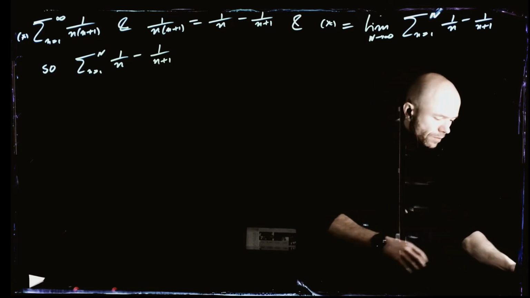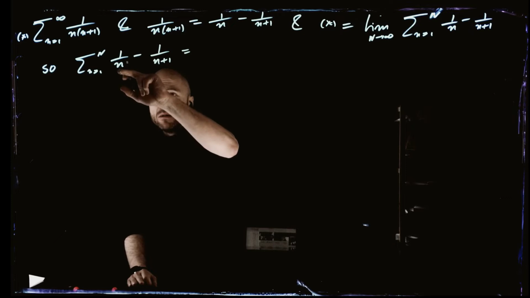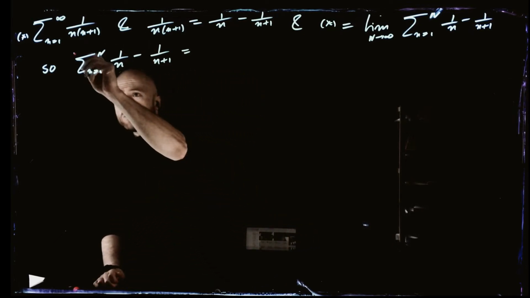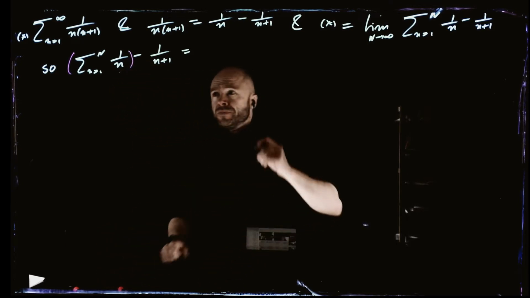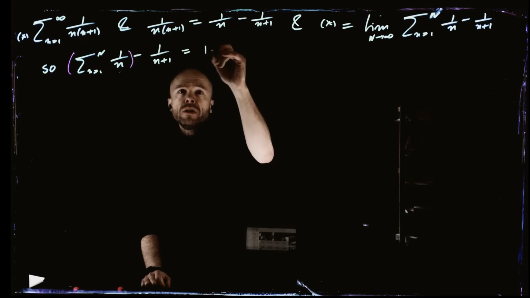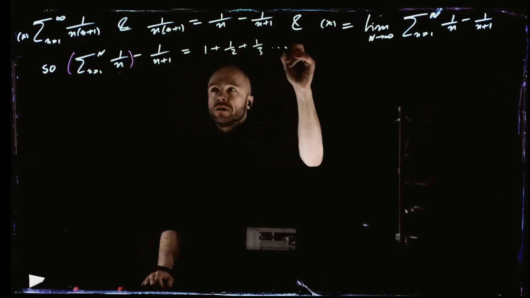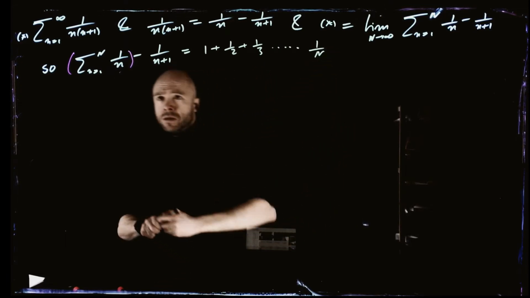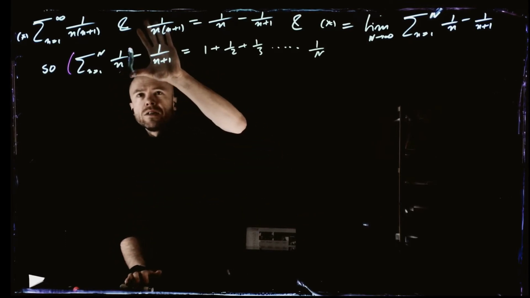If we write out these things, let's write out this side of it first. Then what do we have? We have 1 plus 1 over 2 plus 1 over 3 dot dot dot, all the way to 1 over capital N. And now let's write out the other side of it.